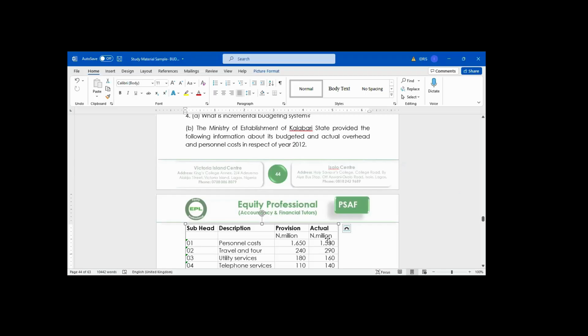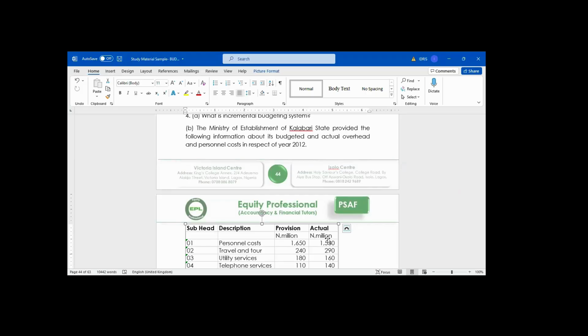Now, if we want to prepare the 2013 budget, which one are we going to use as a base? Is it the provision, which is the budget amount of 2012, or the actual result of 2012?